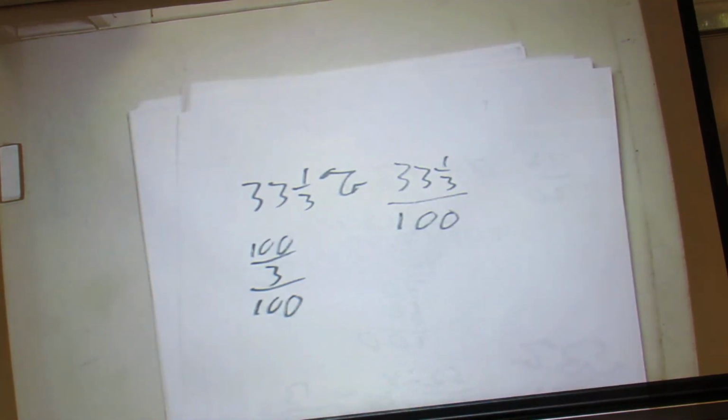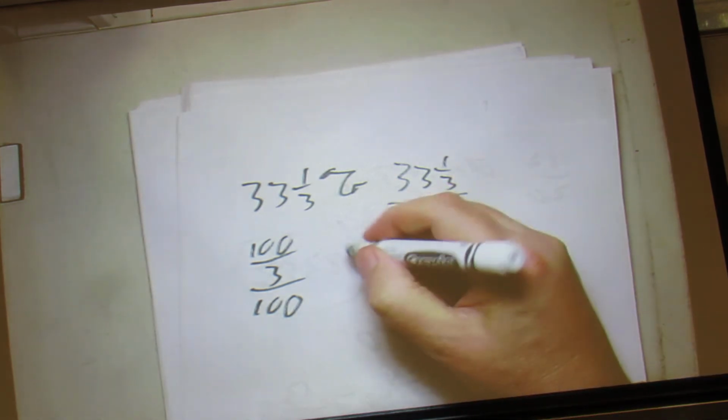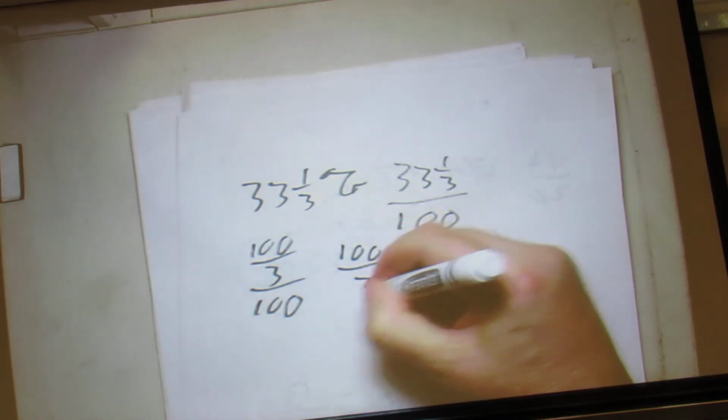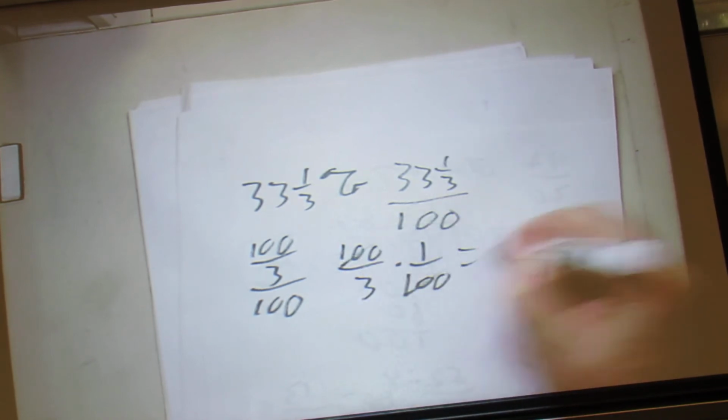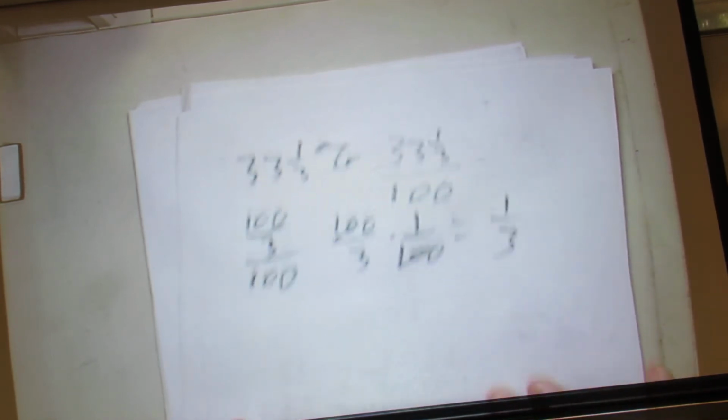Now when we're dividing fractions, we flip the second one. So this becomes 100 over 3 times 1 over 100. The 100s cancel, and we get 1/3.